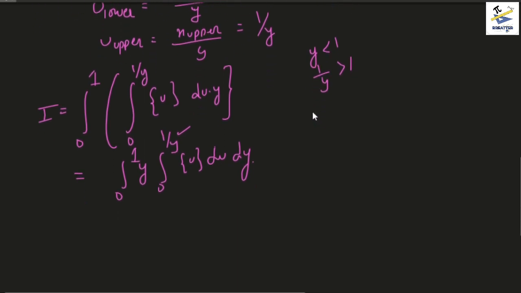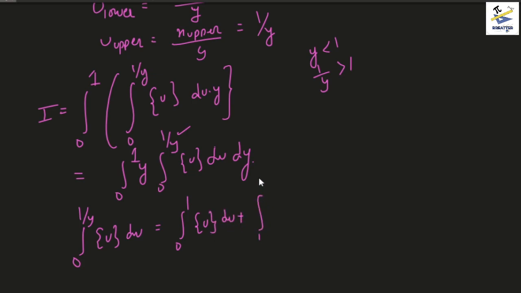And what we can evaluate here is 0 to 1 by y, fractional part of u, du. This can be written as 0 to 1, fractional part of u, du, plus 1 to 1 by y, fractional part of u, du.